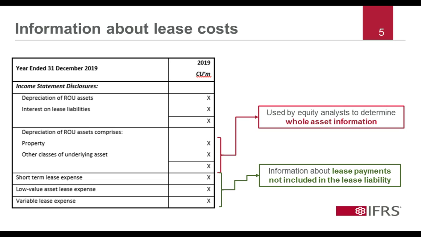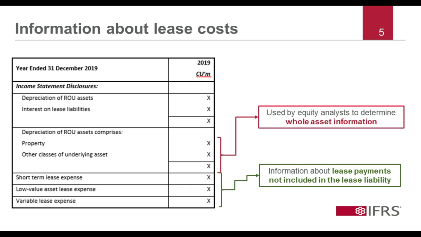Thanks, Steve. The next few slides show an example of what these disclosures might look like in a lessee's financial statements. On this slide, we've got the income statement disclosures. The first couple of items are fairly self-explanatory, the depreciation and interest expenses that relate to leases.